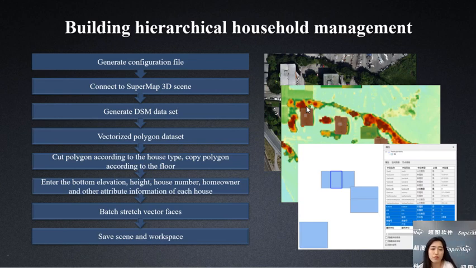If you have 3 floors, you should copy the polygon 3 times, and then enter the bottom elevation and height, house number, homeowner and other attribute information of each house, and then batch stretch the vector face and save the scene and workspace. And then let's look at the vector data that we have done in the desktop.